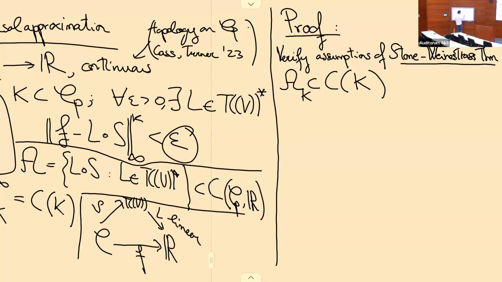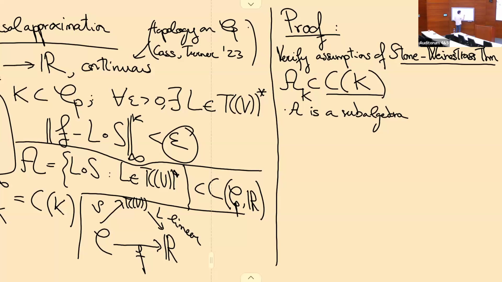then you need to have 3 things. First of all, A needs to be a subalgebra. The algebra here is with respect to pointwise multiplication, so that's the algebra structure. The first thing is that A needs to be a subalgebra.